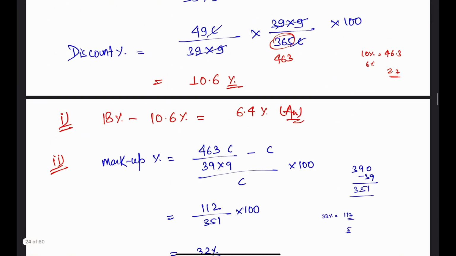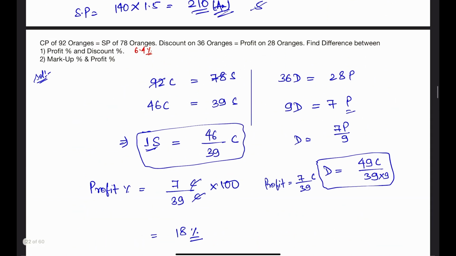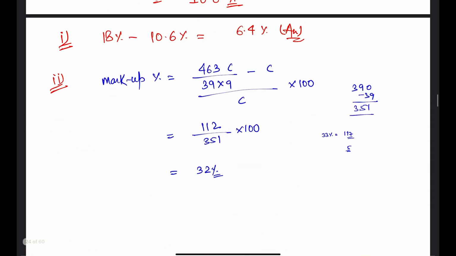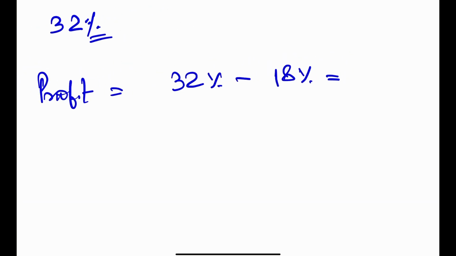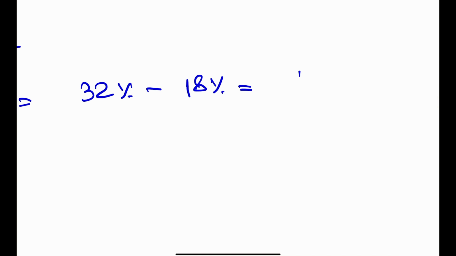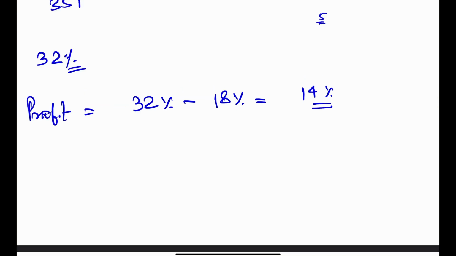And the second question is markup percentage minus profit. Profit is 18. So markup percentage minus profit is 32% minus 18%. So 18 plus 12, 30. So 14% is the answer.